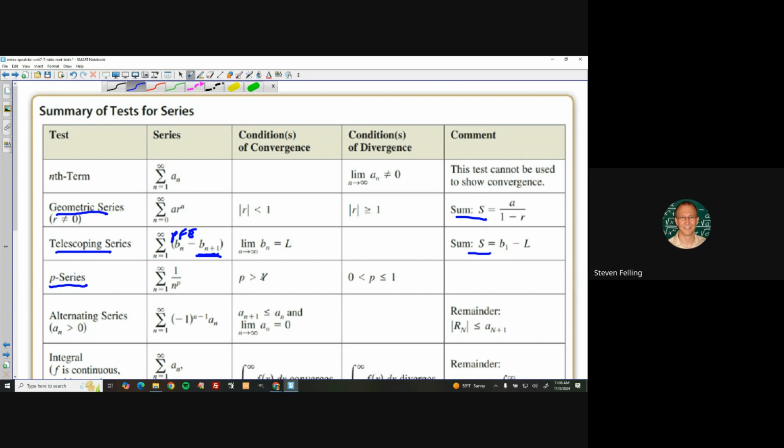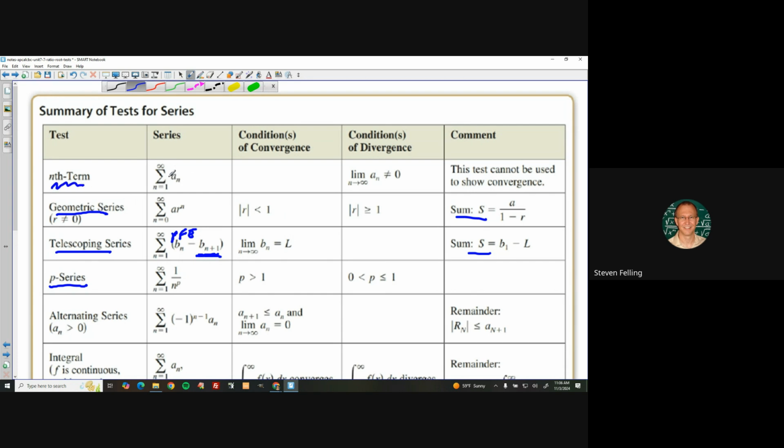So if that p is greater than 1, then it converges, and if it's 1 or less than 1, it diverges. So large values for p in the denominator converge because they make things smaller. Right? Geometric is common ratio less than 1, so small values in the top of the fraction converge. Then there's also the nth term test. You just take the rule itself.